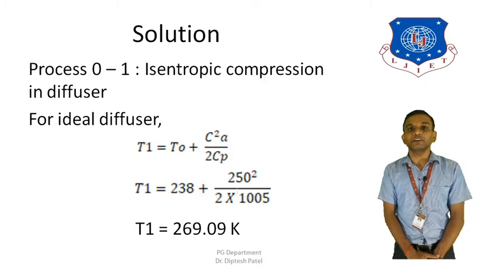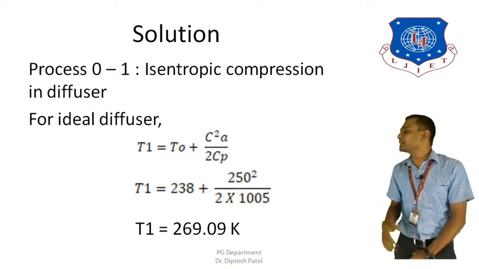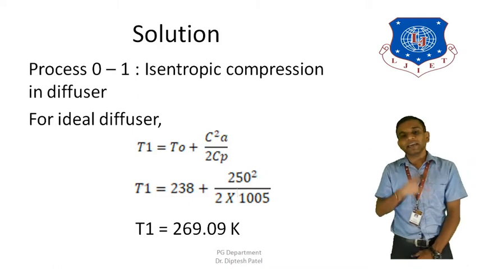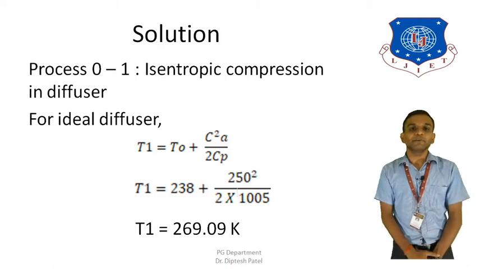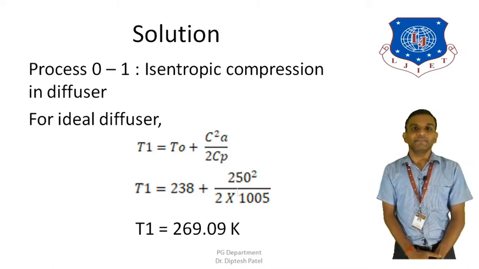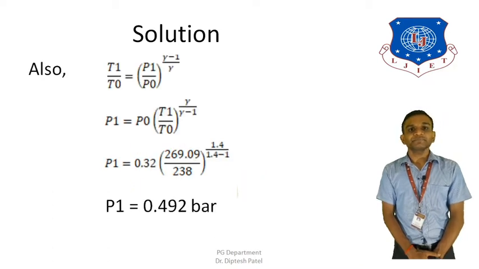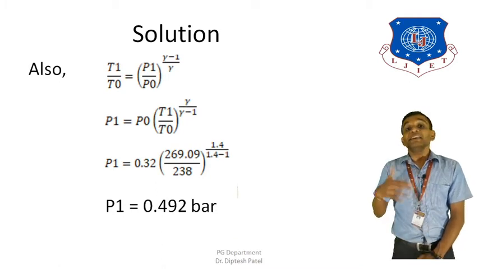So T1 is equal to 238 plus 250 square divided by 2 into 1005, that is Cp. So with the help of these calculations, I would be able to find out the value of T1. Then next, let's find out the value of P1.